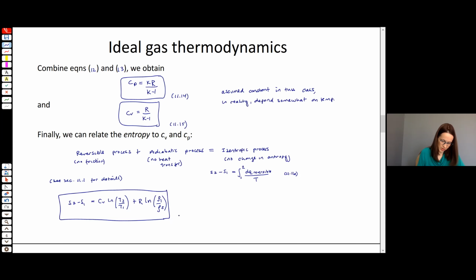So here's our first equation for entropy, and our second one is in terms of C sub P. It's also in terms of a ratio of temperatures, but instead of a ratio of densities, this one has a ratio of pressures. And notice the subscripts have changed: in the equation on the left it's rho 1 over rho 2, and on the right it's P2 over P1.